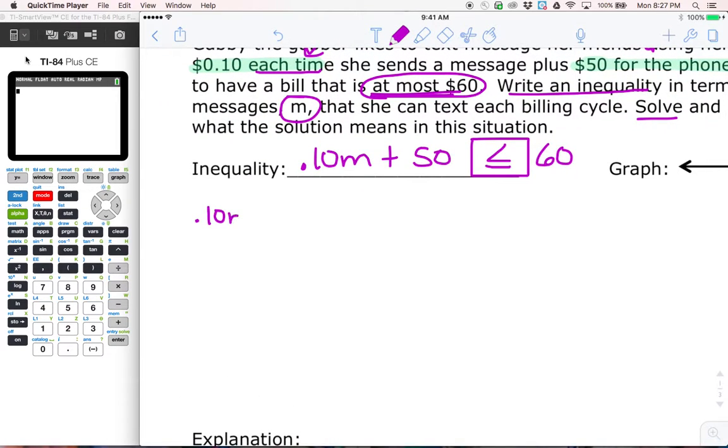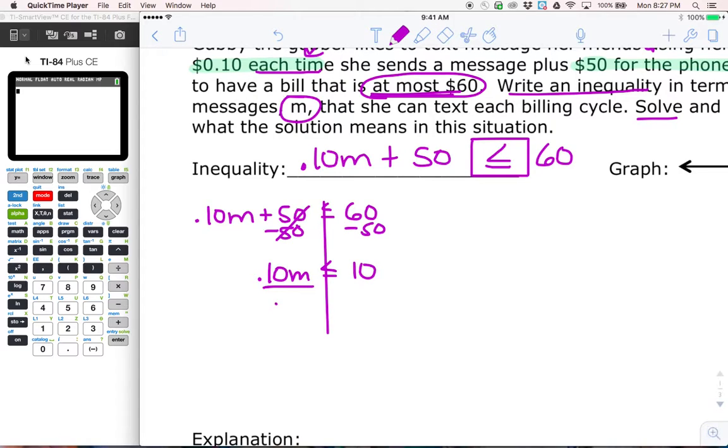I'm going to do 0.10m plus 50 is less than or equal to 60. First things first, let's get rid of this 50 here. Okay, and I've got 0.10m is less than or equal to 60 minus 50, which is 10.